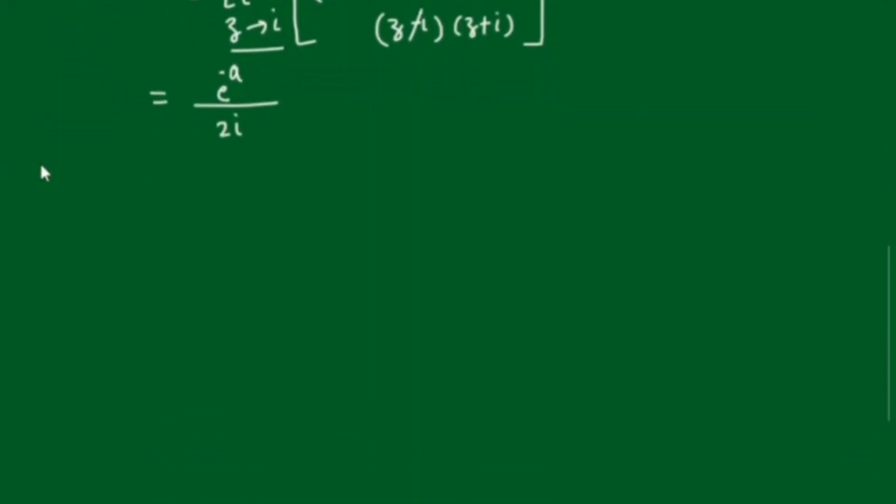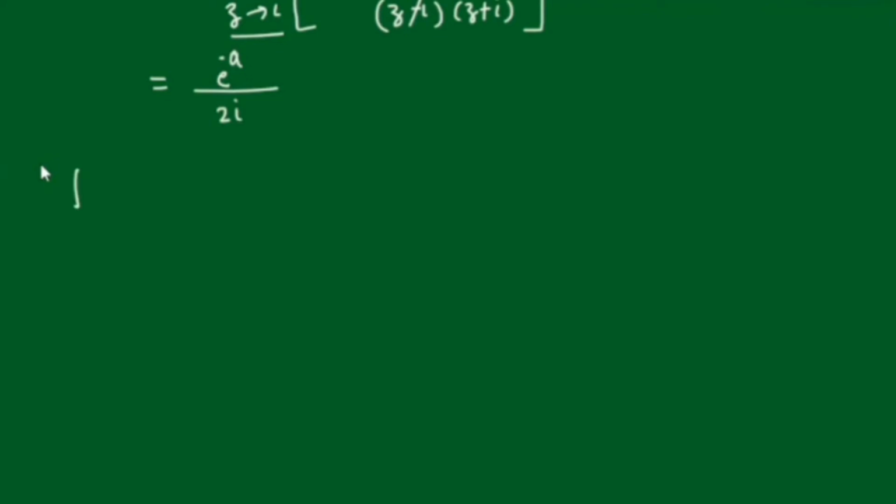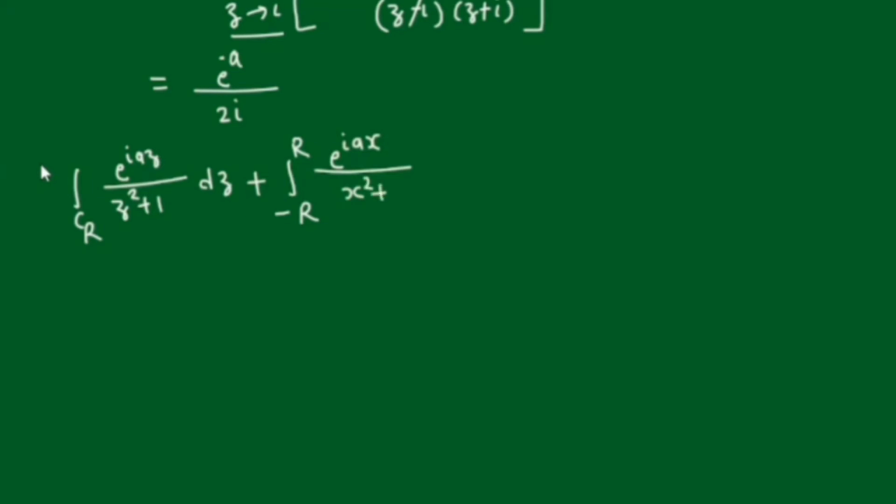Then we will get integral along CR, I am putting the value of function here, that is e to the power iota az divided by z square plus 1 dz plus integral from minus r to plus r e to the power iota ax divided by x square plus 1 dx is equal to 2 pi iota into e to the power minus a divided by twice of iota.